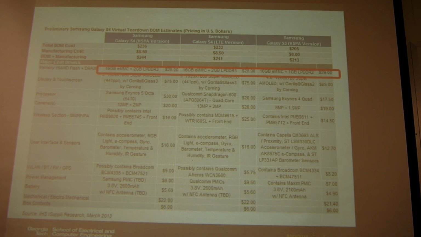And here is a breakdown of the different components of the smartphone in terms of cost, in dollars. Can you guess what the most expensive component is at that time?